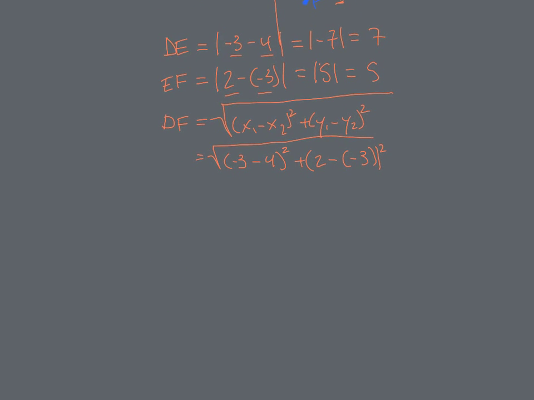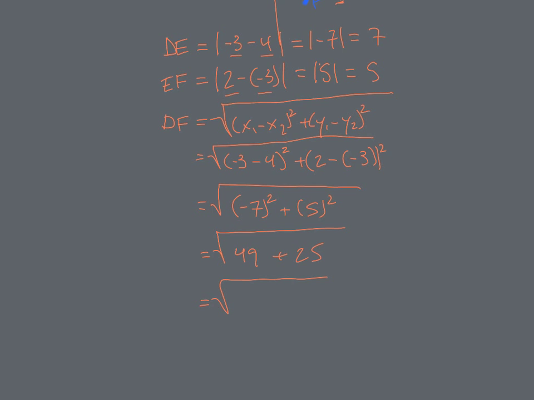Alright, so we've got -3 minus 4 is -7 squared, plus 2 minus -3, that's 5 squared. -7 squared is a positive 49. 5 squared is 25.